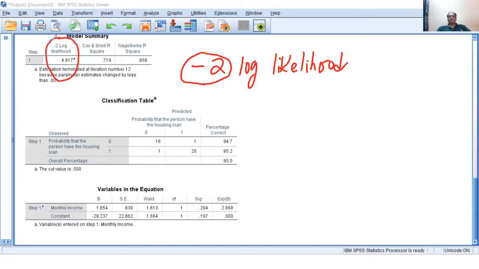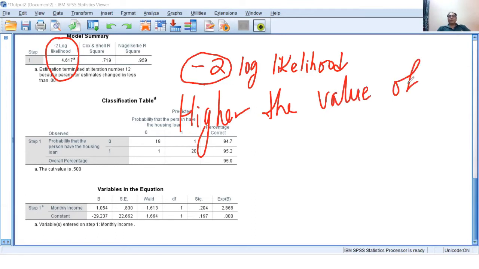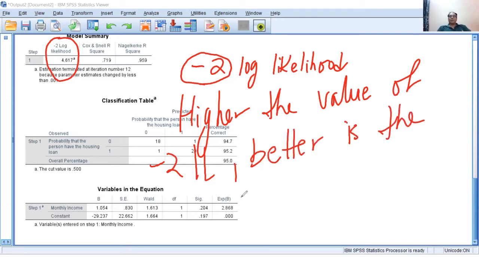In simple language, the higher the value of -2 log likelihood, the better is the model. I will show this impact when we use the multivariate binary logistic. If we add some more variables and this value increases, we will keep the variable in the model. And by adding one new variable, if this value decreases, we should not add that variable in the model. So this is the goodness of fit. Higher it is, better it is.